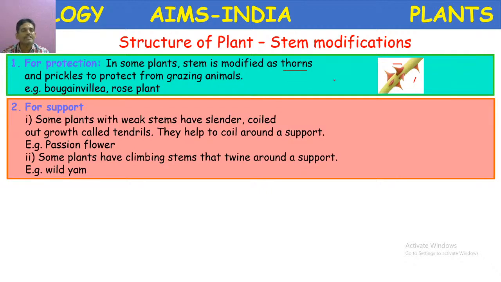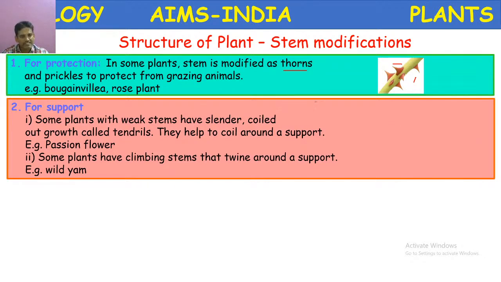Second, modification for support. You know, we see a variety of plants in our surroundings. Some plants creep, some climb, some possess a woody stem, and some possess a very weak stem.